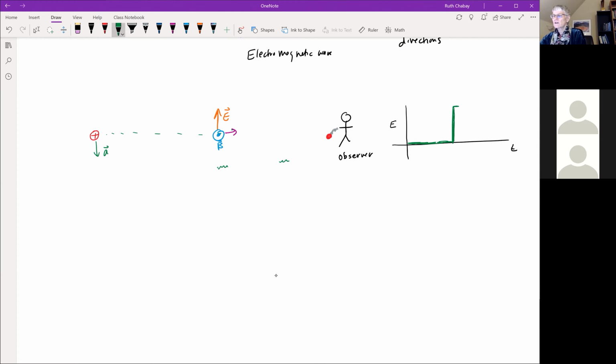If our acceleration lasted a little bit longer than an instant, then we'd have a pulse that lasted for some finite time. And now this pulse has traveled past the observer, so they're no longer detecting anything. So in fact, at the location of the observer, the electric field is indeed changing with time.